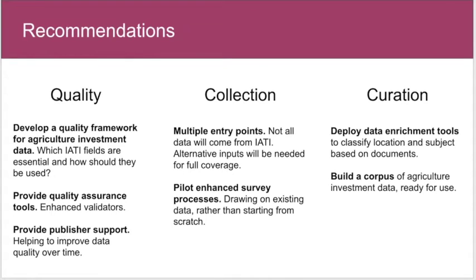And so we're going to be taking a close look at the IATI standard, which covers the type of information we've talked about this morning, and then seeing whether it meets the needs and it's just an issue of needing to improve the quality of the data that's being made available, or if there are certain things that need to be added or modified according to that standard in order to make it more suitable for practitioners in this sector in particular, for the agriculture and food security sector.